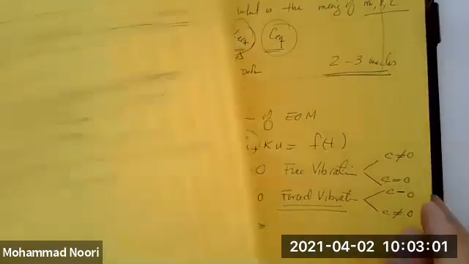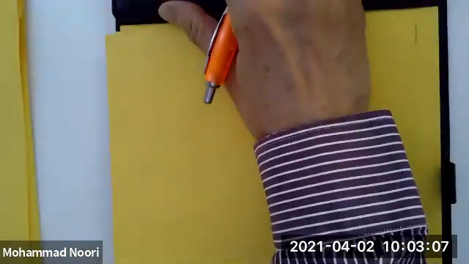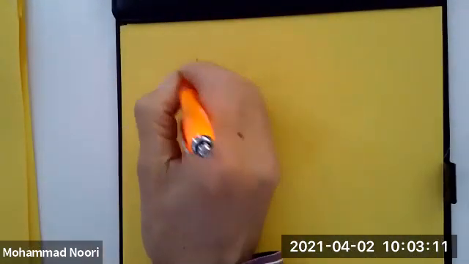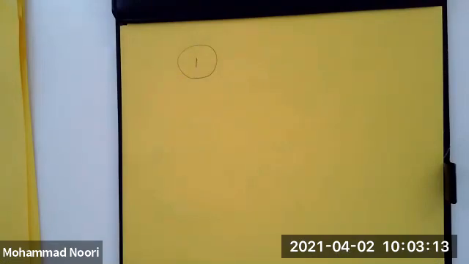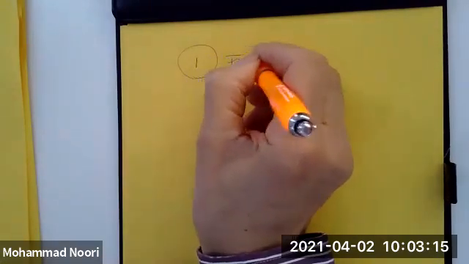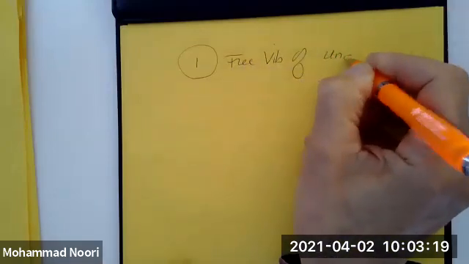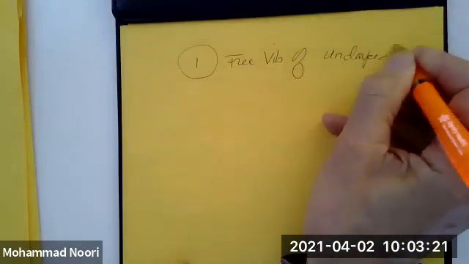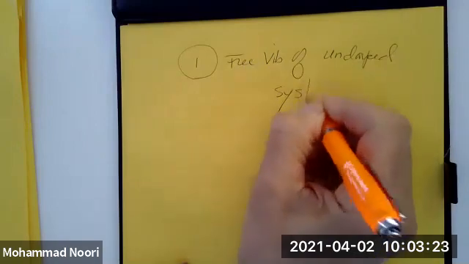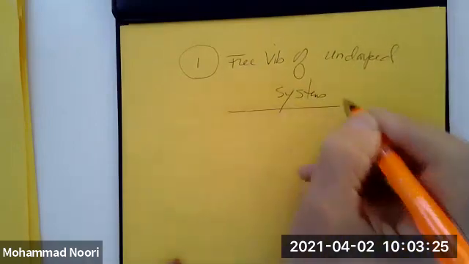By having said that, I can tell you that next time, we will start by the first case, free vibration of undamped systems. So that's the first thing we do.